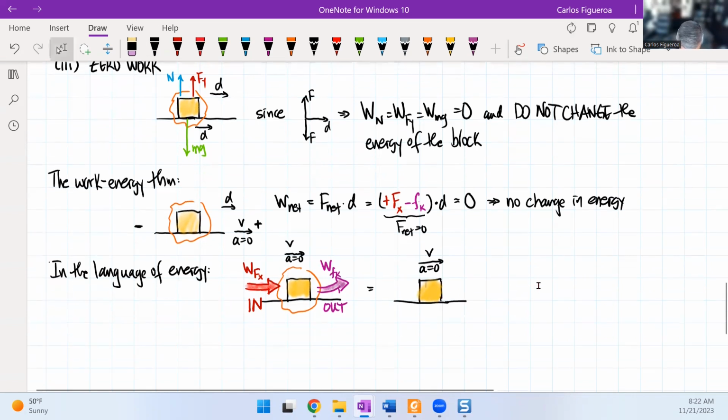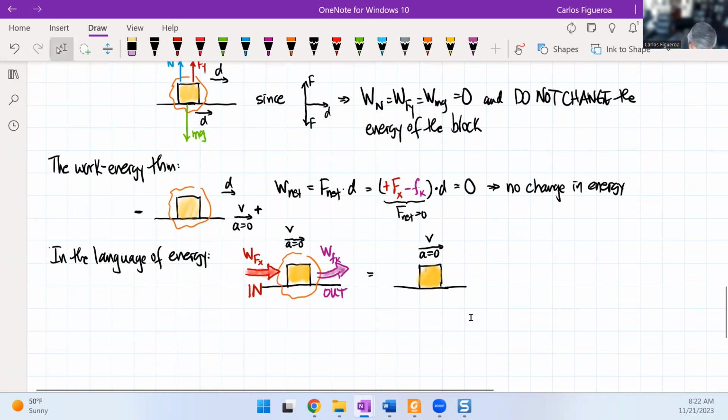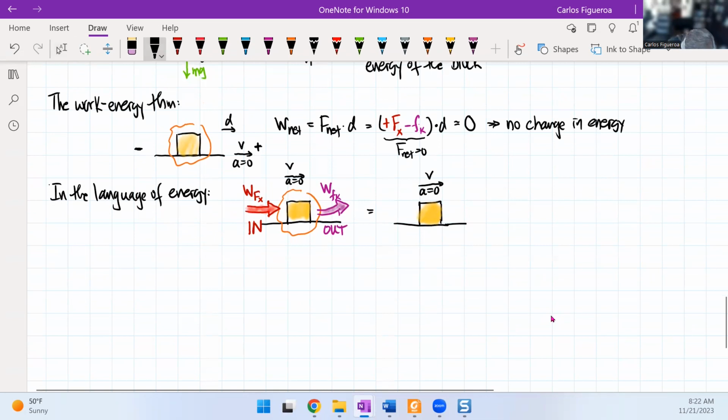In other words, when I look at this as a bar diagram, I have a system. What is my system? It has this amount of energy. Okay, let's say it has this amount of initial energy.